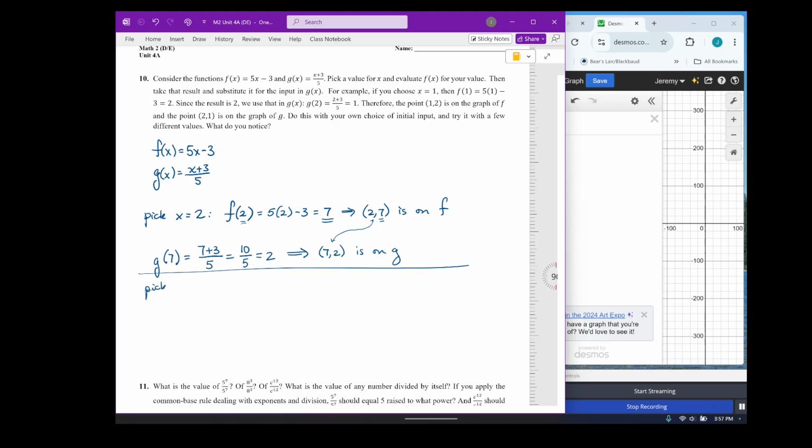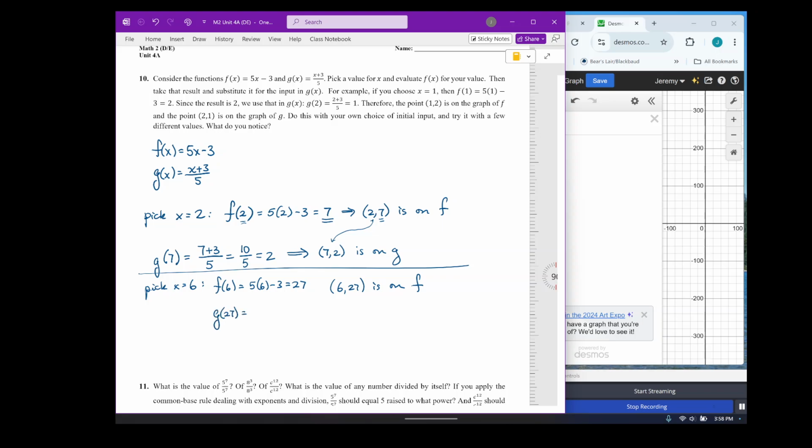So let's try another one. Pick x equals, I don't know, like 6. So f of 6 is going to be 5 times 6 minus 3, which is 30 minus 3, which is 27. So that means (6, 27) is on f. So let's plug 27 into g.